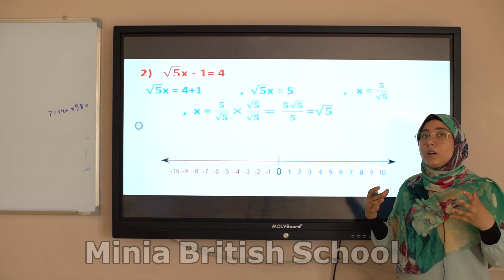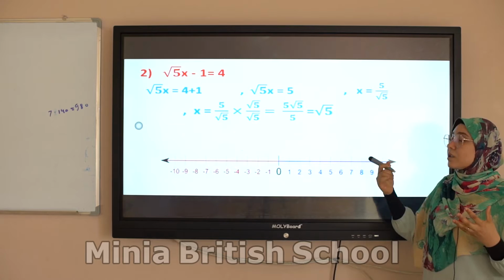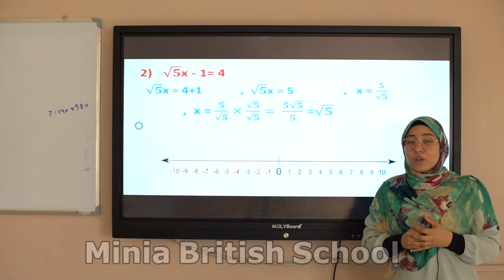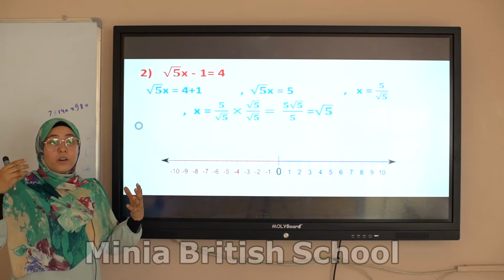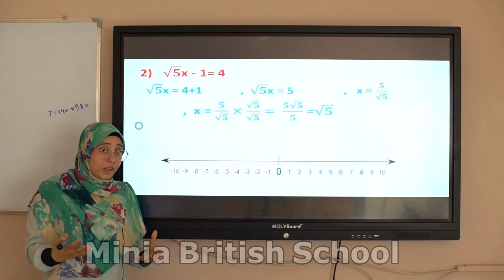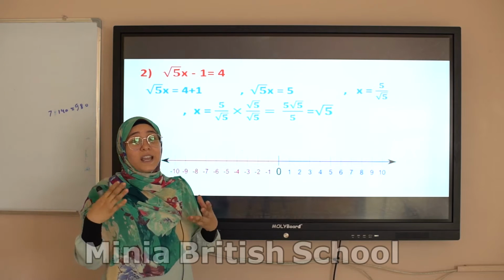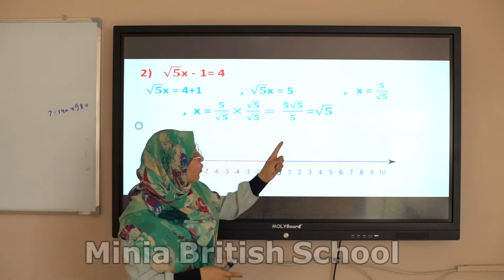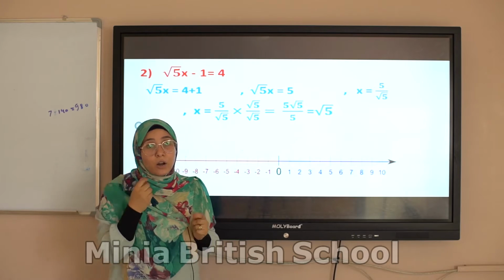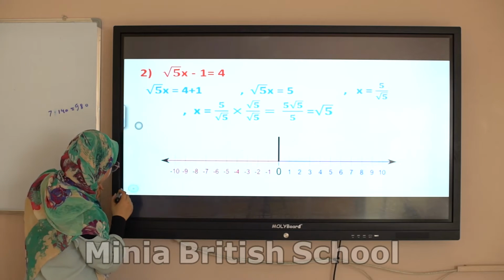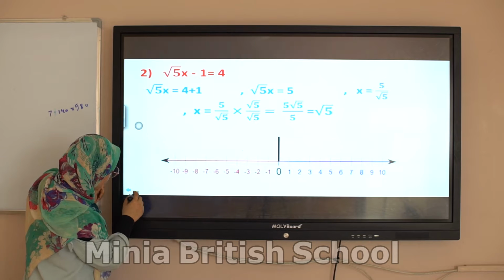To represent root 5 on the number line, I need to draw a right angle triangle in which root 5 is a leg of it. Like this.